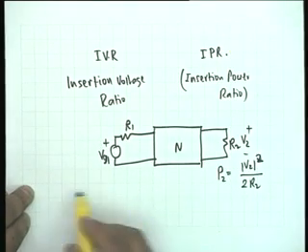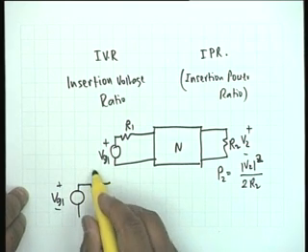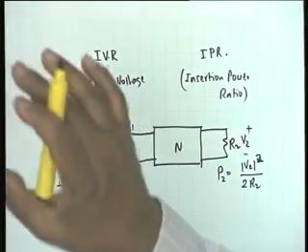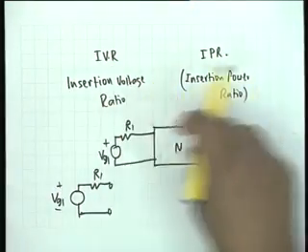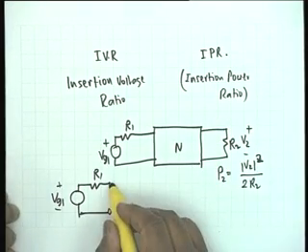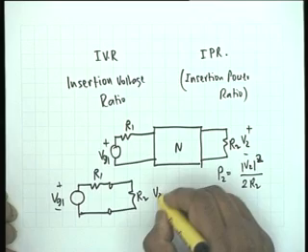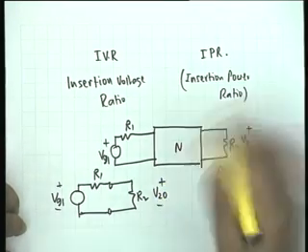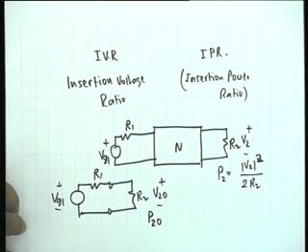That is, suppose Vg1, R1, that is the source, instead of inserting a network between the source and the load, suppose we connect it directly to R2. Let the voltage across R2 be V20, V20 means without the network, and let the power absorbed by the load be equal to P20.